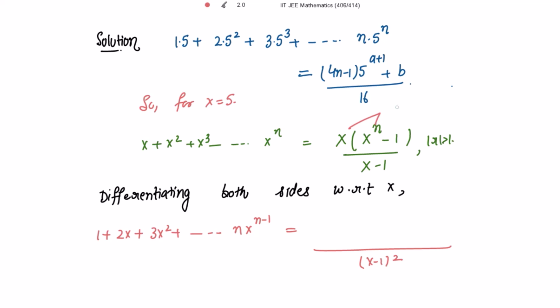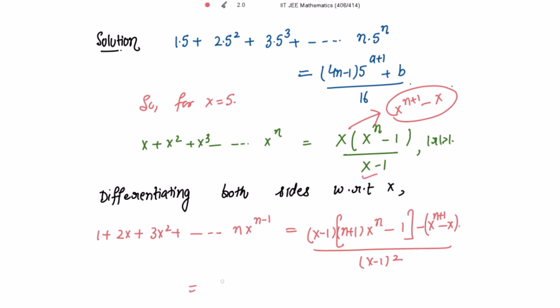This numerator can be taken as x the power n plus 1 minus x, right? So denominator into the derivative of the numerator, that is n plus 1, x the power n, minus the numerator into the derivative of the denominator, that is 1.